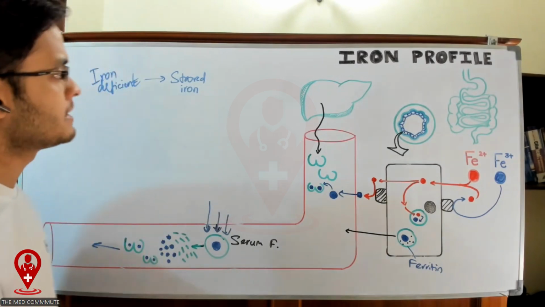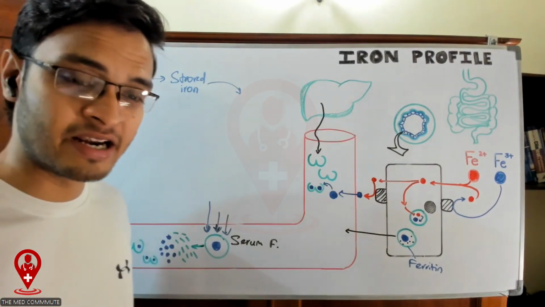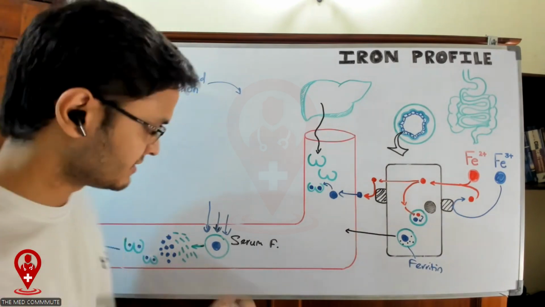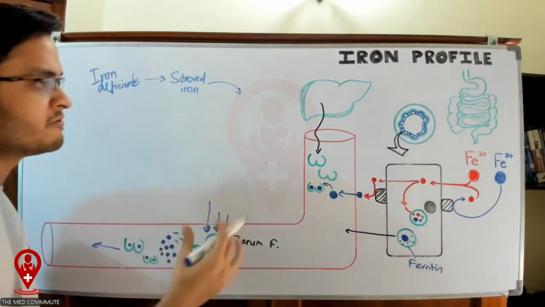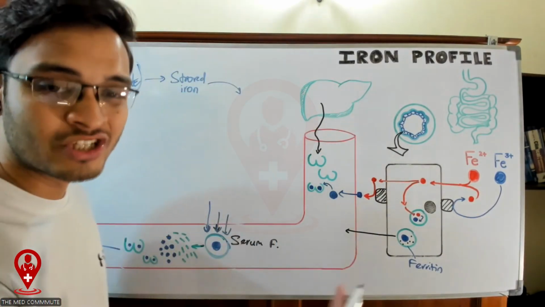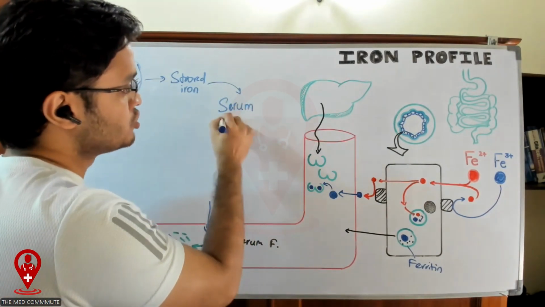Specifically the ferritin. Once the stored iron comes into the blood, guys, what will happen? Since he's iron deficient, it will quickly be utilized. The serum ferritin that arrives here will quickly be used up. So if you take a blood sample from this iron deficient patient and check his serum ferritin levels, it will be low because it's being used up.